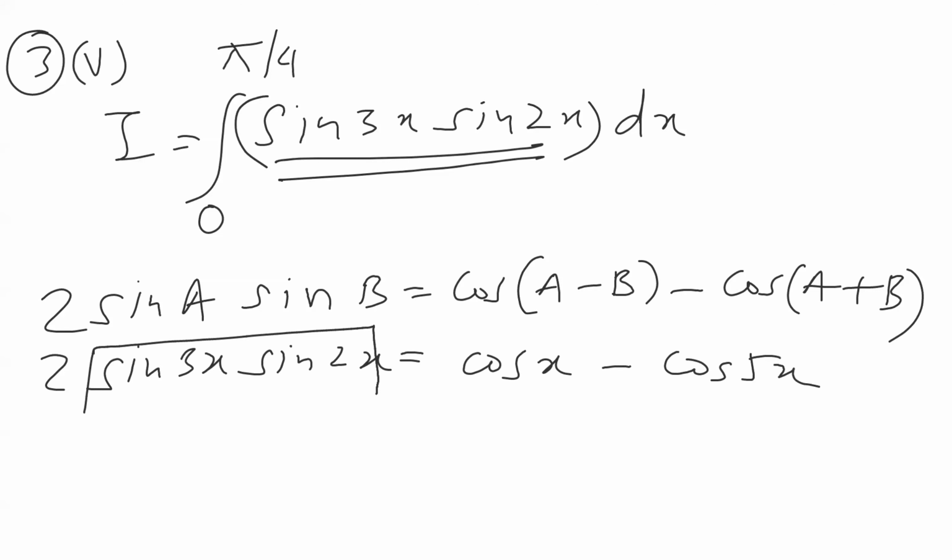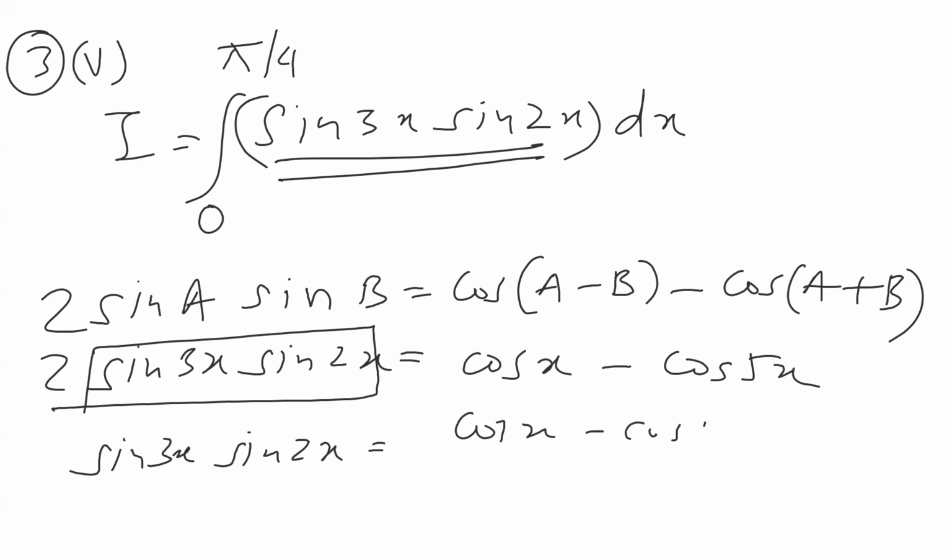So sin 3x into sin 2x will be cos x minus cos 5x upon 2.